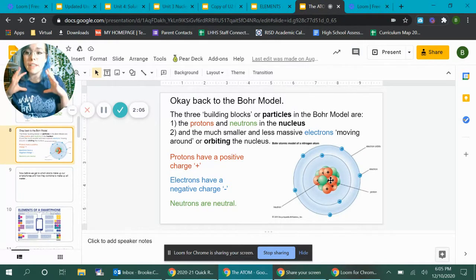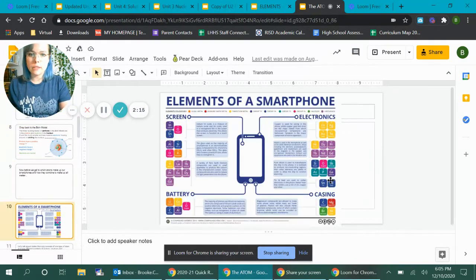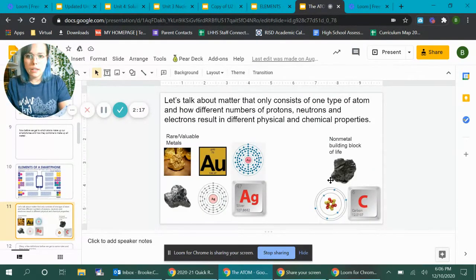The electrons on the outside are called valence electrons. Those are the ones that are making bonds and giving elements their properties, things like that. The amount of protons, neutrons, and electrons is going to make the element. It's going to make it what it is.